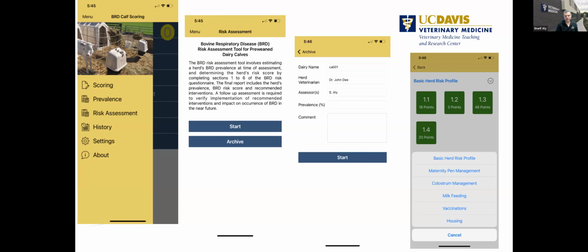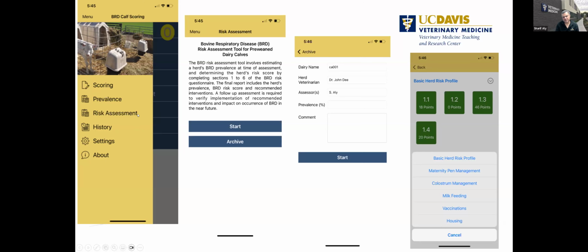And beside the scoring feature, which you guys may be familiar with, you've also seen the scoring system chart that Betsy had shown on her slides, very similar to it, but it will tally the scores, and the bubble that's top right there will turn red or green based on if it's a BRD score, positive or negative. But I'll walk you through the prevalence and the risk assessment and a little bit of the history today.